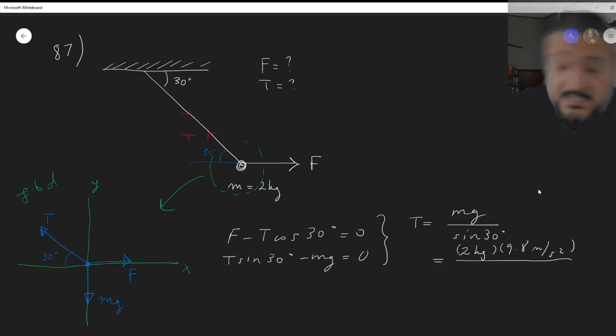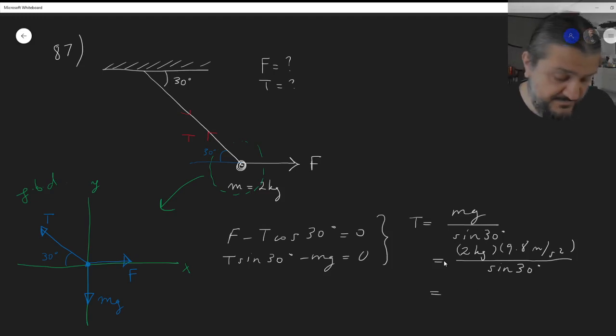So that gives me what? 19.6. And you divide it by 0.5. Pretty much that's what we're doing here. So you're multiplying it by 2 in a way. So 4 times 9.8, 39.2 newtons.